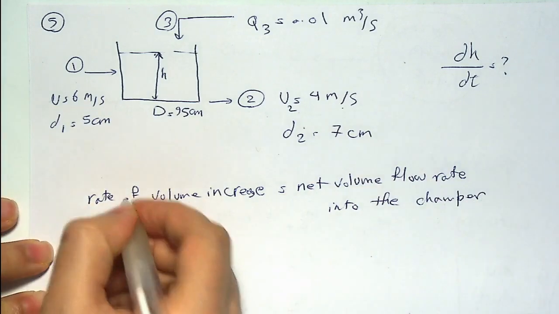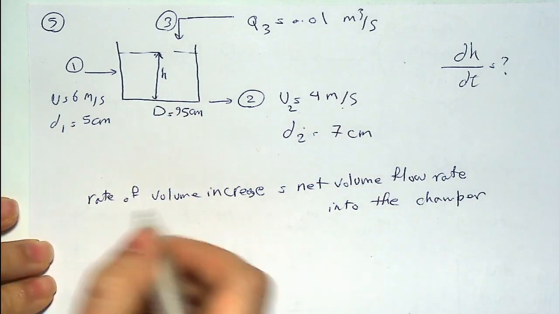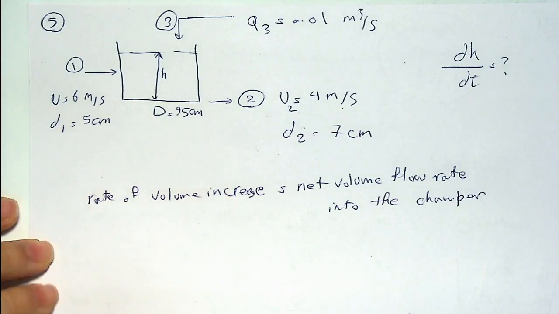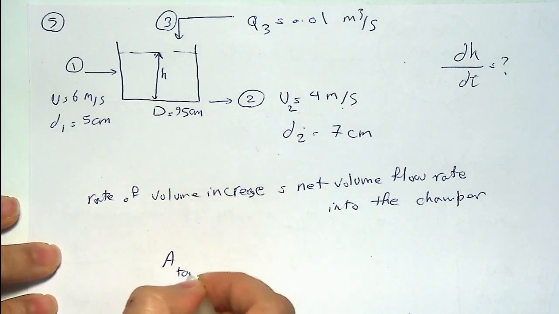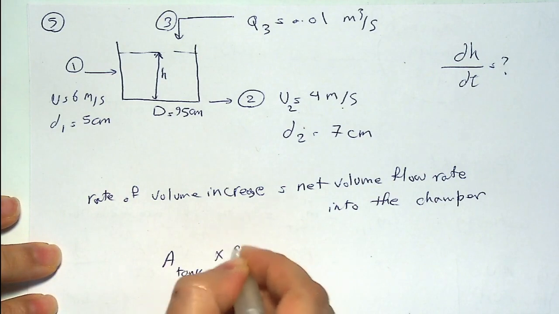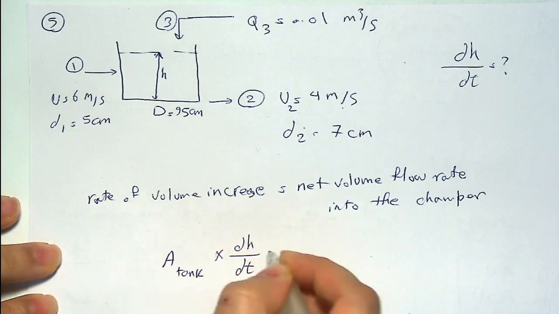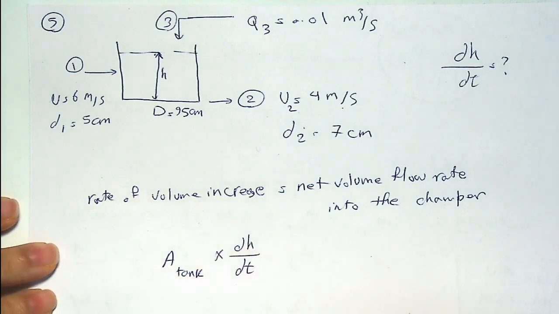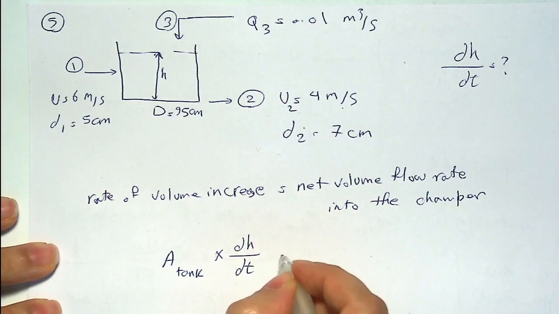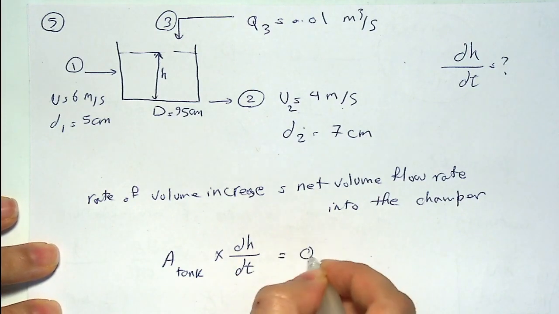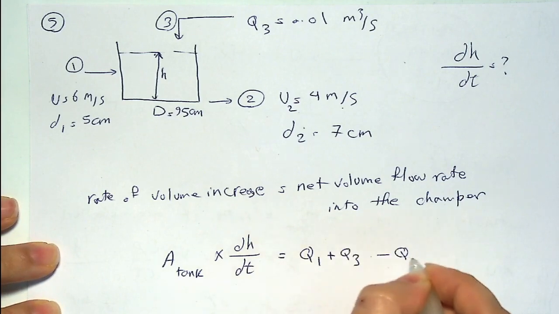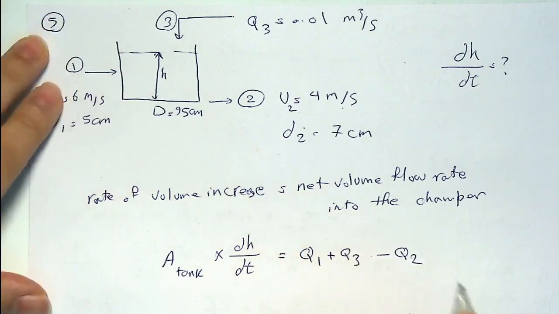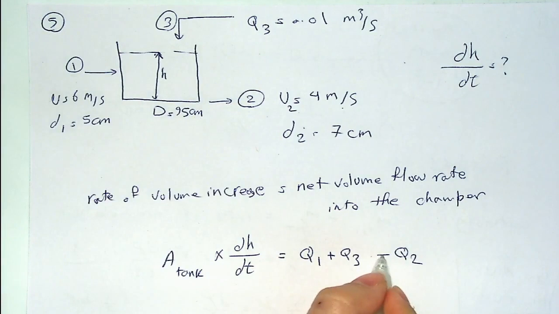So the rate of volume increase, how can I write it in a mathematical equation? The rate of volume increase is the area of the tank multiplied by dH over dt, that is showing the changes during time. And the net volume flow rate can be written as Q1 plus Q3 minus Q2. 1 and 3 are inlets and 2 is outlet, so it has a negative sign.